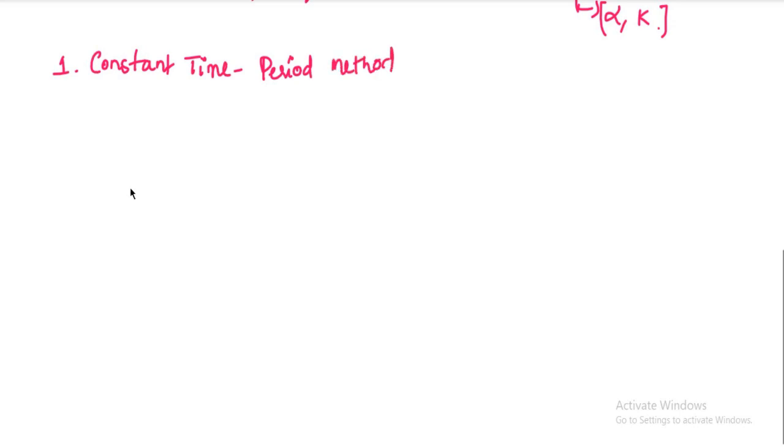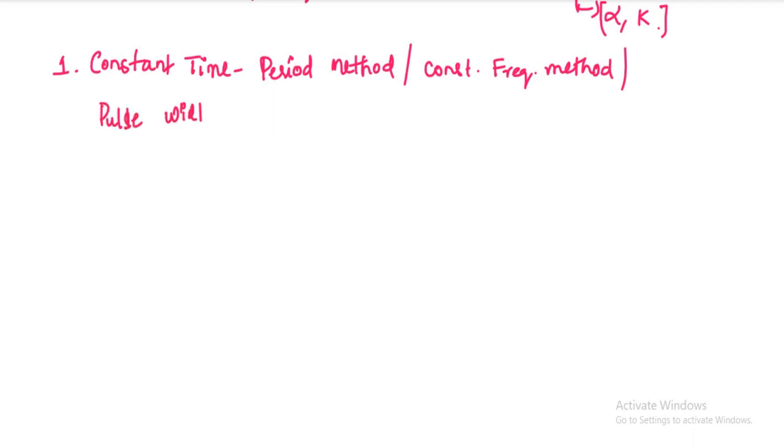This method is also called the constant frequency method, because if we keep the time period constant, we keep the frequency constant. It can also be called the pulse width modulation technique, famously called PWM.